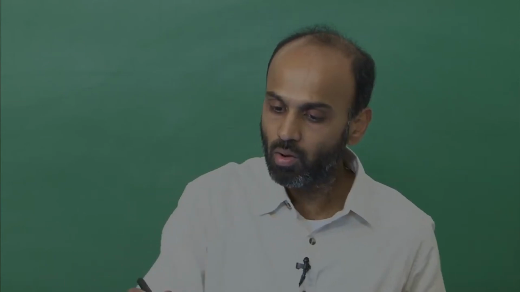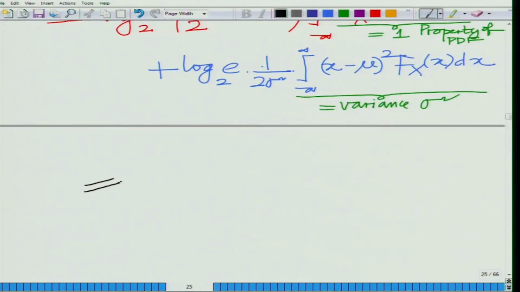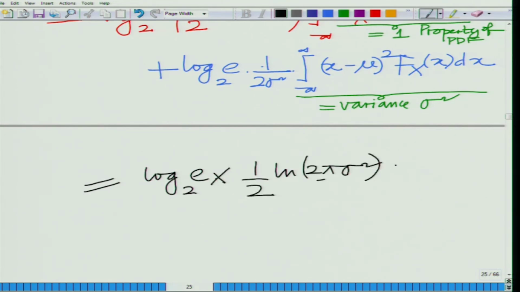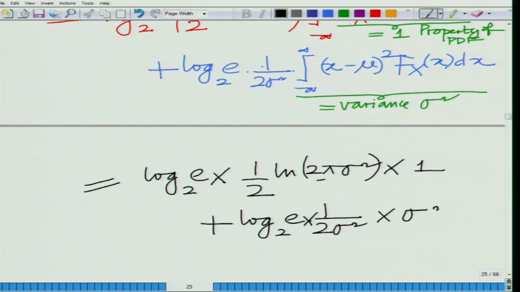So, now I substitute these, and what I have is log e to the base 2 times half ln 2 pi sigma square times 1, plus log e to the base 2 into 1 over 2 sigma square into sigma square, and what you can see is that the sigma squares cancel.